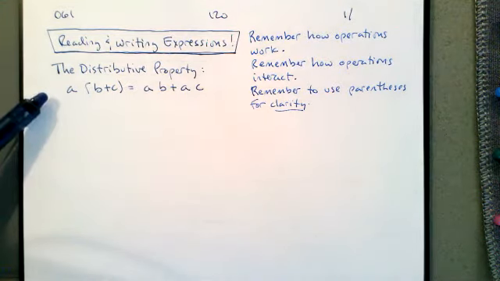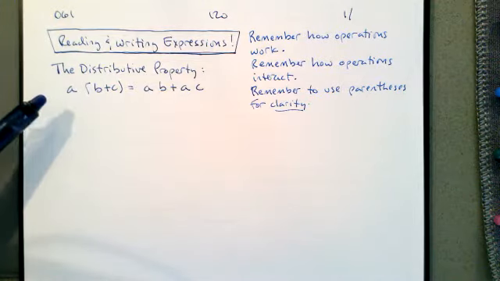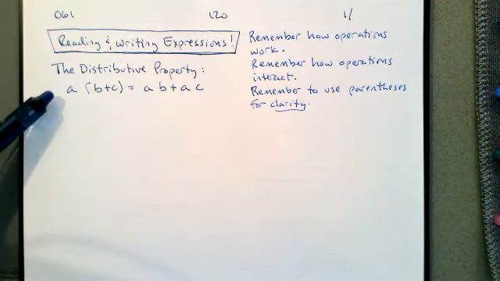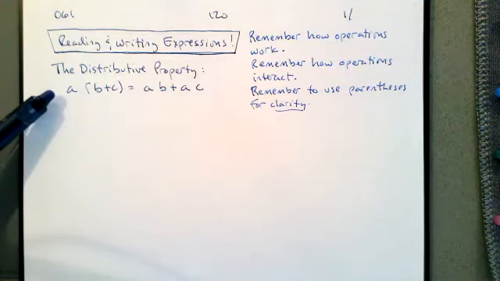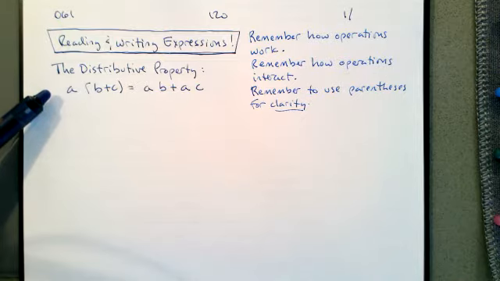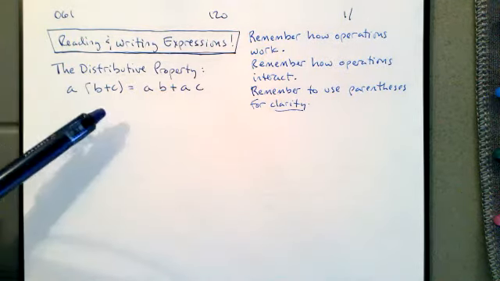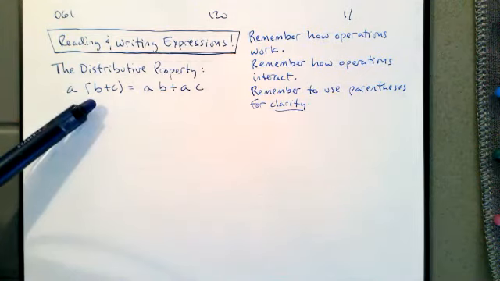We call this the distributive property, and then we write these symbols. A parentheses B plus C close parentheses equals AB plus AC. And we try to summarize with this equation the fact that multiplication distributes over addition. The problem is that we leave off that what makes this go is the multiplication, not the parentheses.